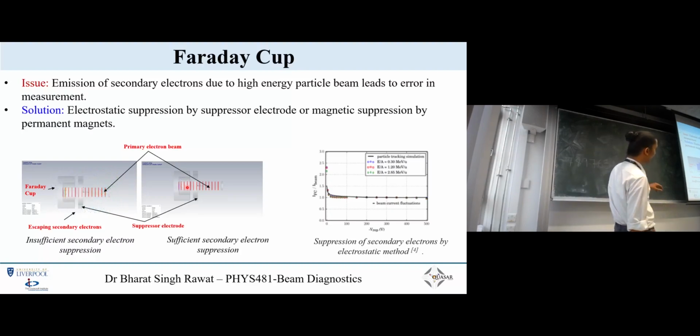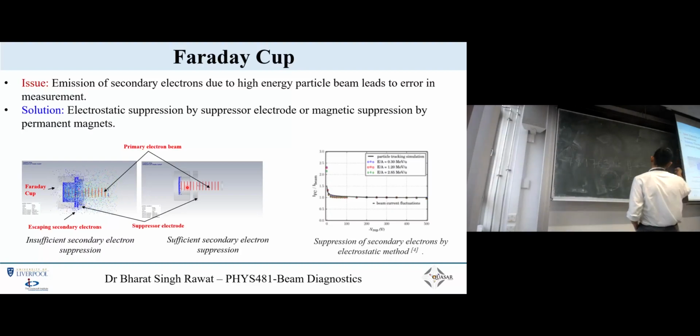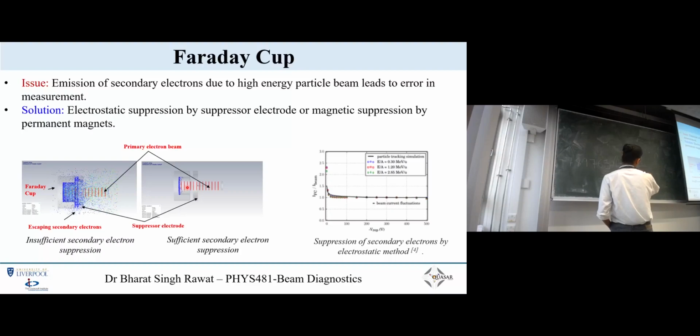But the problem occurs when the beam energy is very high. So again, the same case, but now a different scenario. It is 5 coulomb, but let's say its energy is very high. So it comes, it interacts, and electrons are emitted. Let's say the electrons which are emitted carry 3 coulomb of charge.